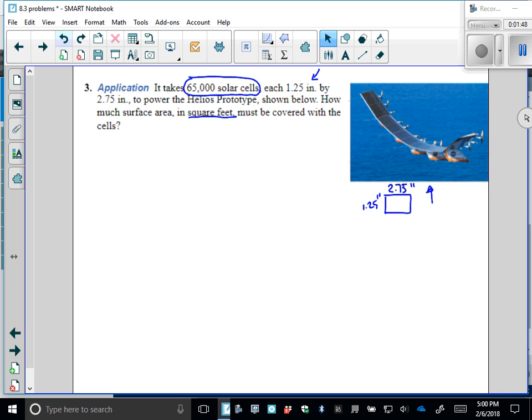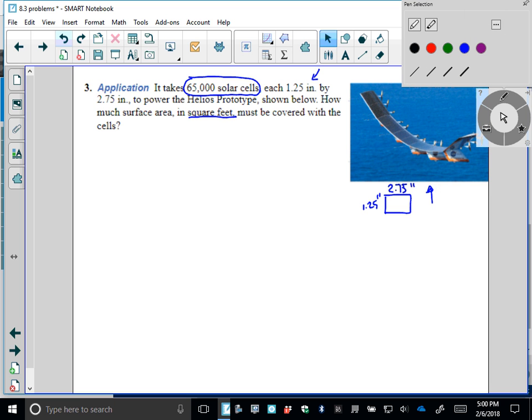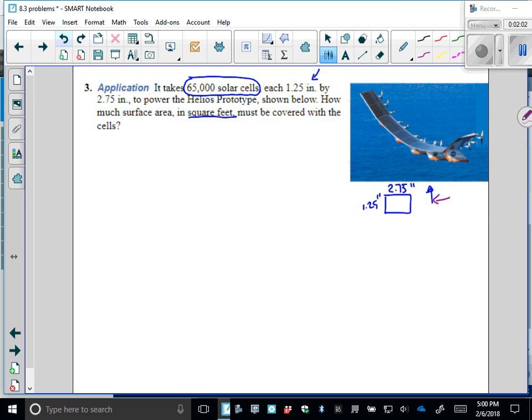So when I start this problem and think about how I want to arrange my dimensional analysis, I want to figure out over here, first of all, how many square inches I have.